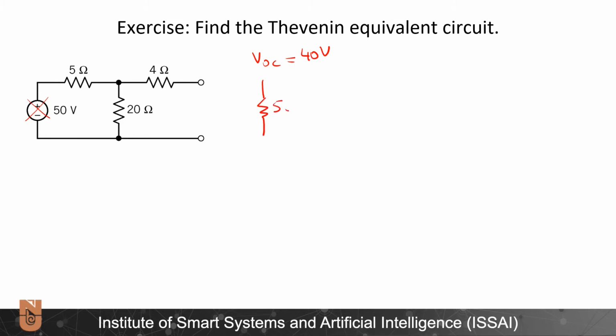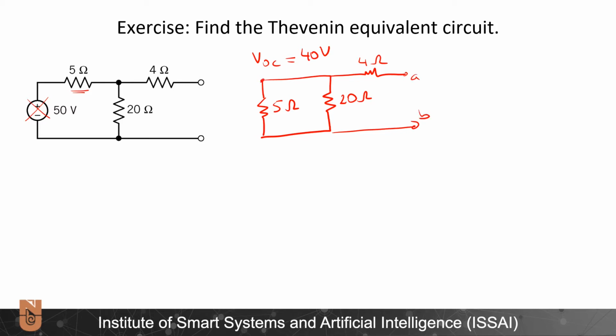So here I will have 5 ohms, in parallel to that, I have 20 ohms. I had the 5 ohms here on the upper part. I took it to the left part, but that is an operation which I can do. Here I have 4 ohms. And here are the output ports A and B.